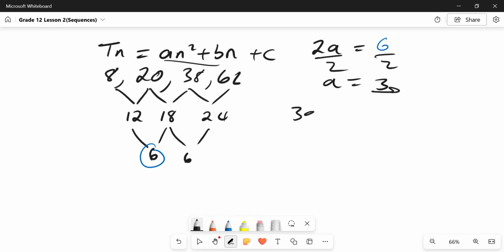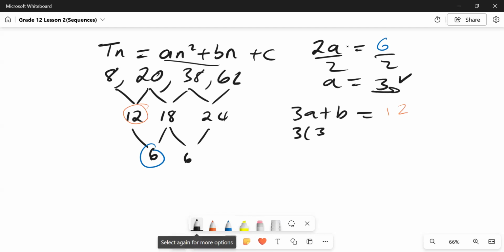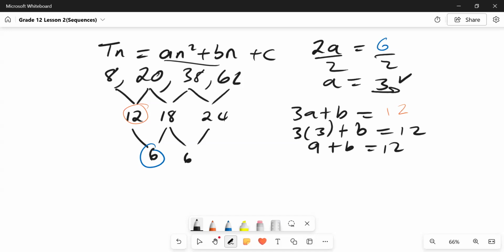Then we have 3a plus b equals 12. In place of a, we substitute 3, so 9 plus b equals 12. Now 12 minus 9, we get b equals 3.